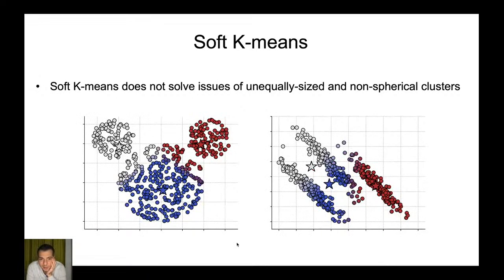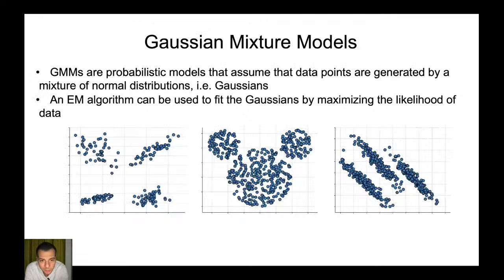Okay, so this is soft k-means, and when we apply it to the previously seen datasets, it doesn't solve the issue of unequally sized or non-spherical clusters. So it has some benefits, but it's not a solution for all these cases. In order to solve these problems, we can try to use Gaussian mixture models.